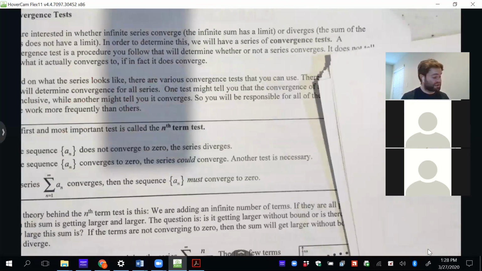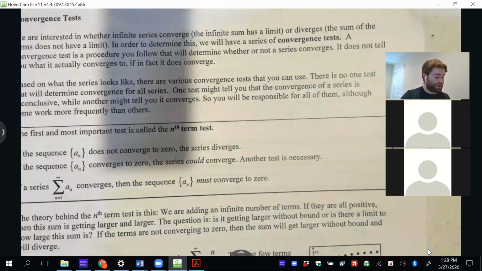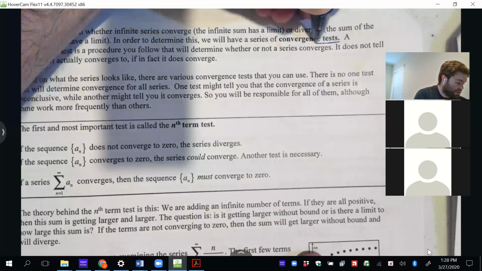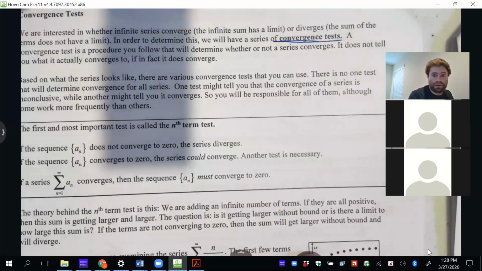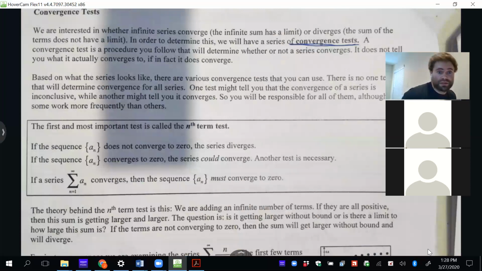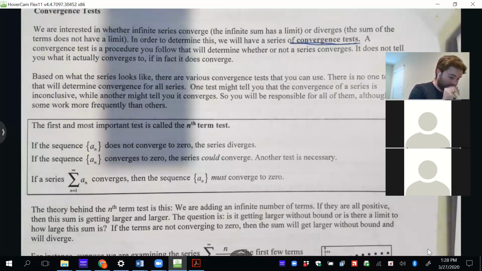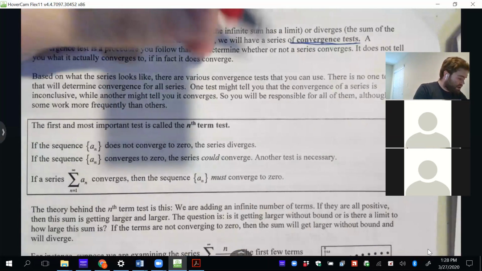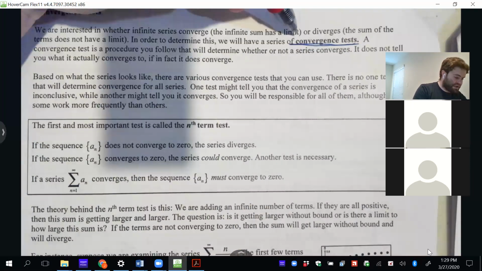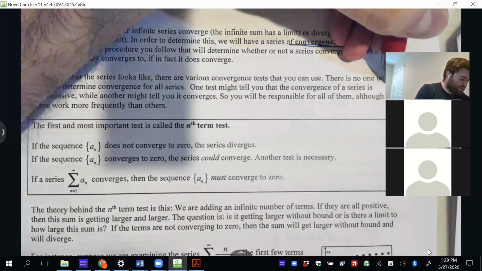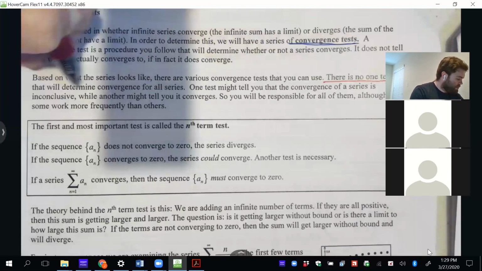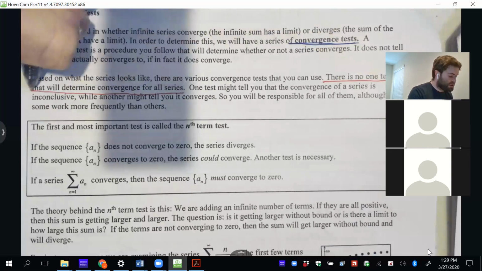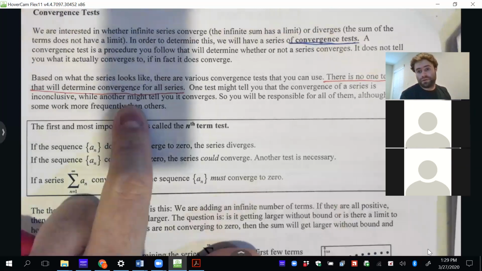And the first test we're discussing is the Nth Term Test. So these are convergence tests that we are starting, which say whether a series converges or diverges. One other thing on just any of the tests is that there is no one test that will determine convergence for all series.